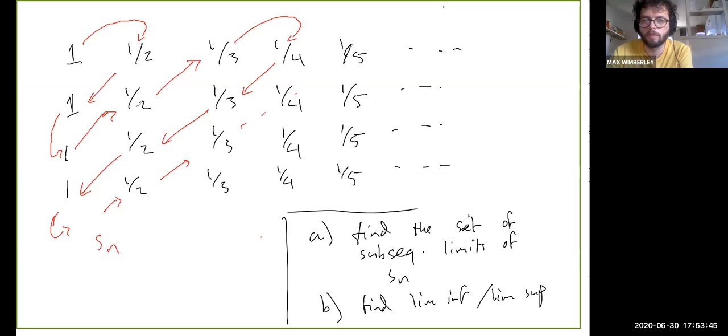Okay, well, clearly every number that actually shows up in this grid is a subsequential limit, right? Because each one gets hit infinitely many times. Every single position in the entire grid ends up getting traversed. So whatever indices correspond to the first column, for instance, will give you all the terms that are just one, and that subsequence will converge to one.